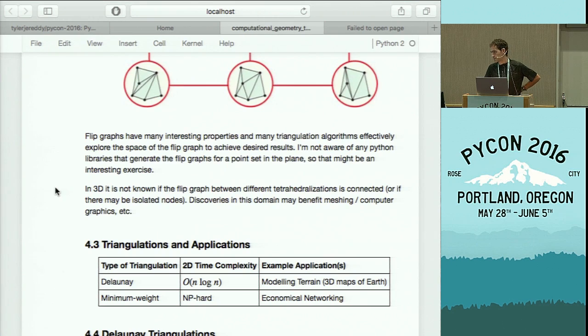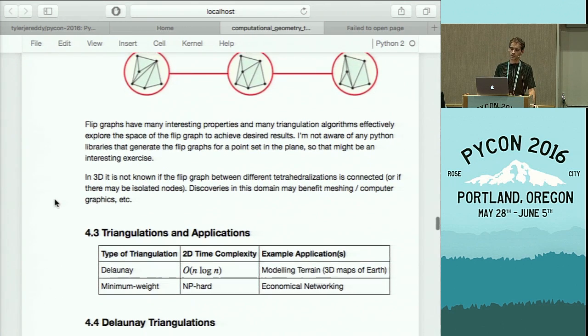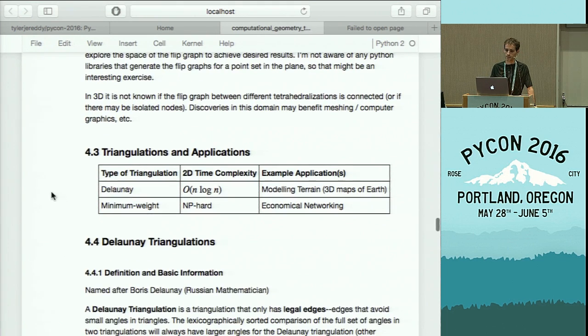So discoveries in that area could actually be quite useful for three-dimensional graphics, dynamic meshing, and that sort of thing. If we knew that, as you do a different tetrahedralization, you can move from one to another by flipping faces, that would be really useful to know. But at the moment, it's not really known.